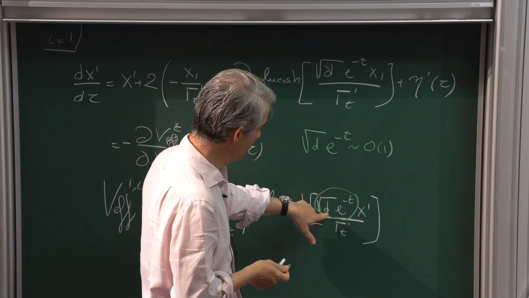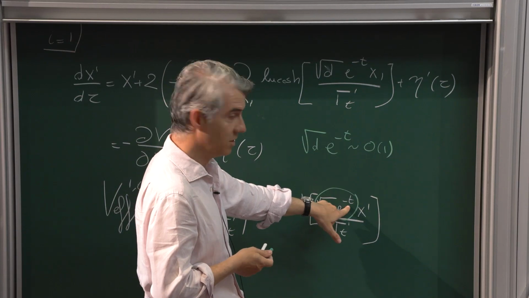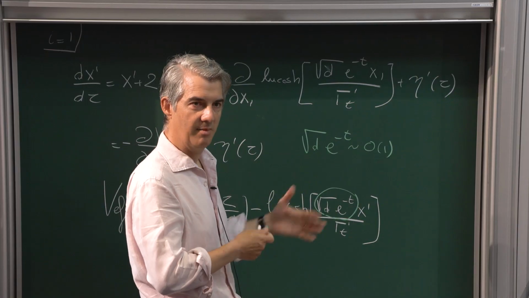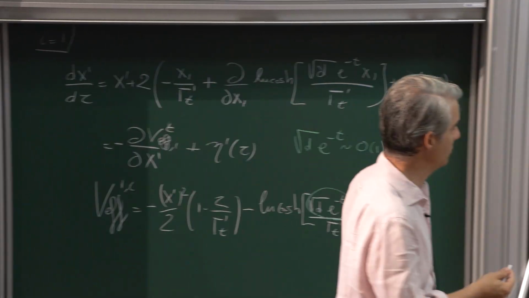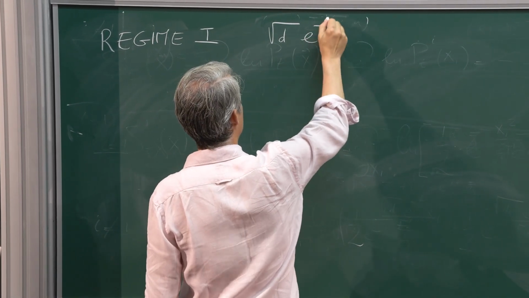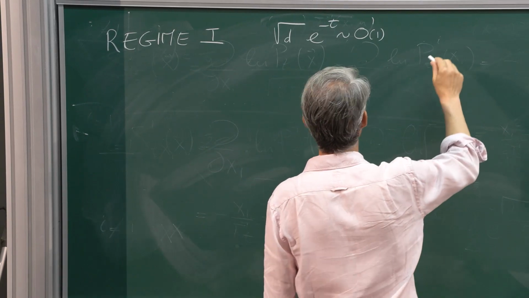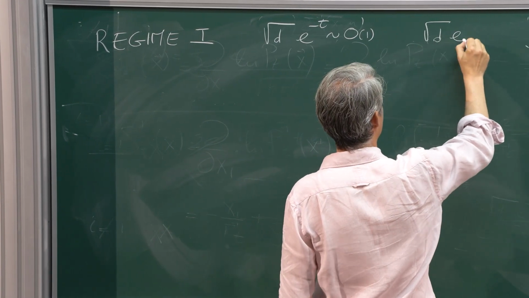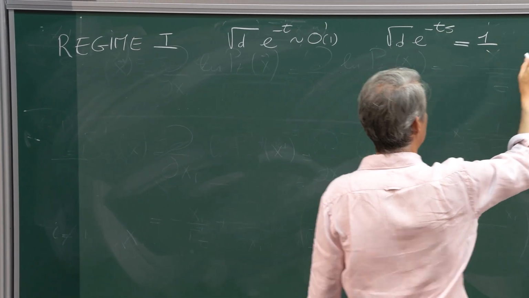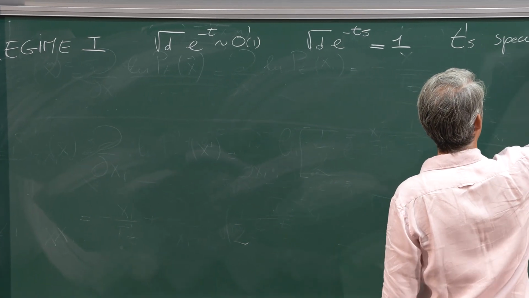And in this regime of time, this is going to be of order 1, whereas when t is of order 1 and d goes to infinity, this goes to infinity. So clearly, we have to separate the regimes. And so there is a first regime of time, which corresponds to times in which square root of d exponential minus t is of order 1. In order to define it, let's say that I define square root of d exponential minus ts equal to 1. So ts will be called the speciation time, for a reason that you will see later.